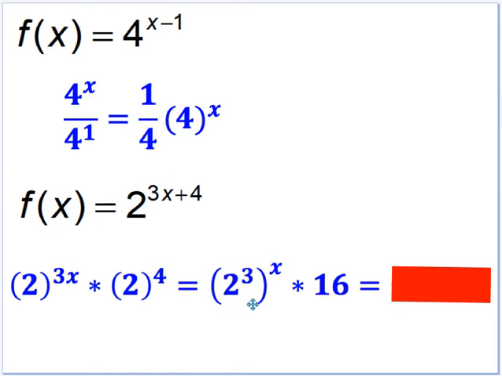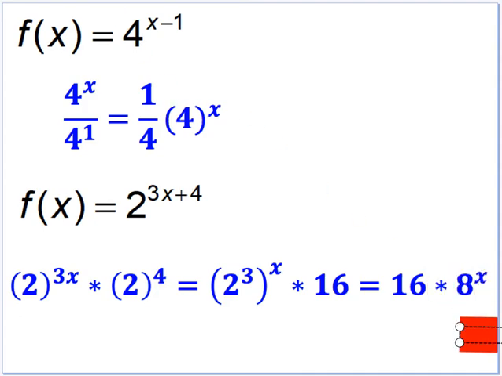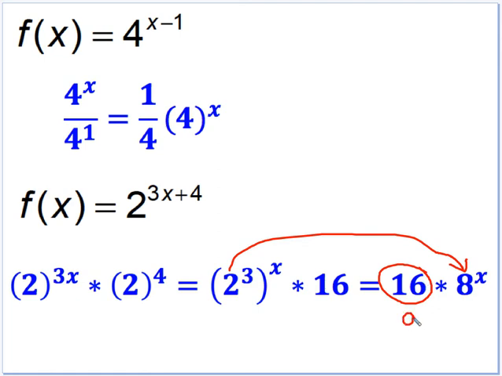Now this can be reduced as well, so that we have 16 out front and then 8 to the x power. So where did the 8 come from? 2 times 2 times 2 is going to give me 8. That's how I simplified that. Now I know that this is going to be my a value, and the 8 is my base, my b value.